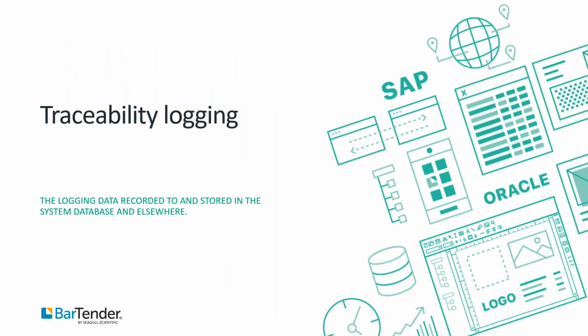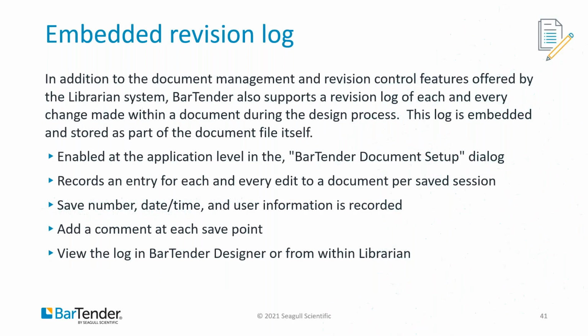Okay, traceability logging. Embedded revision logs. Now, this is something that's different from what is logged to the BarTender system database. An embedded revision log is an additional item that can be enabled in the BarTender software. And the purpose of it is to log each and every change that is made to the document at the object level.